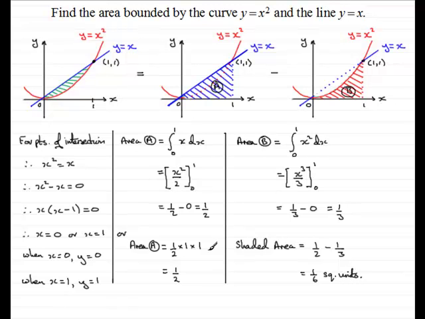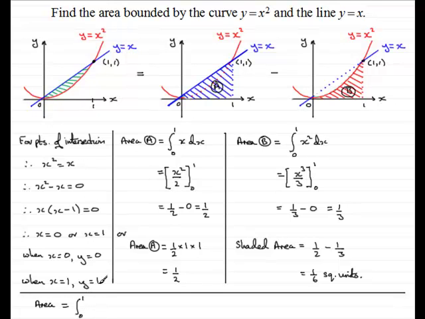Now, there is another way that you can do this. Some people might prefer to do it like this. Let's just border this off. I haven't got much room here, but we should be able to just squeeze it in. Some people might just go for the area straight away as being the integral from 0 to 1 of, now we see this situation and we see that what we could do is just work out the area underneath the graph of x, take away the area underneath the graph of x squared.